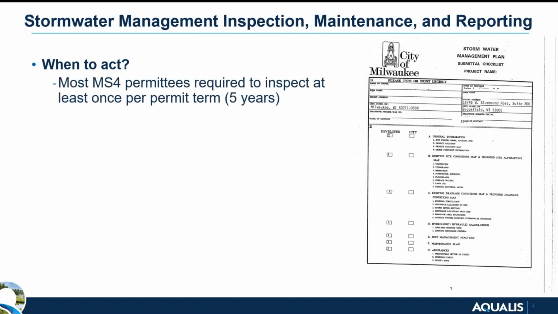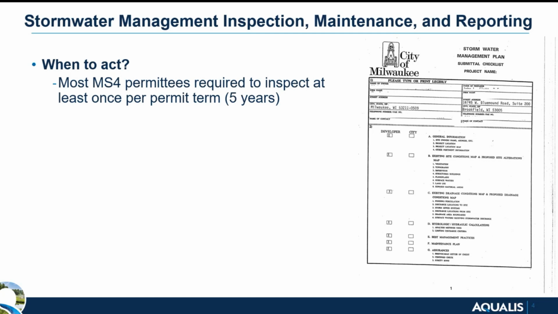From a consultant's perspective, we want to talk about when we look to act and help out with these programs. Like we heard from WDNR, most MS4 permittees are going to be required to inspect at least once per permit term. And as we heard, sometimes that 5-year cycle can be a little long, especially for some green infrastructure BMPs.